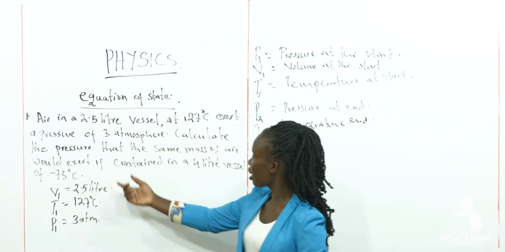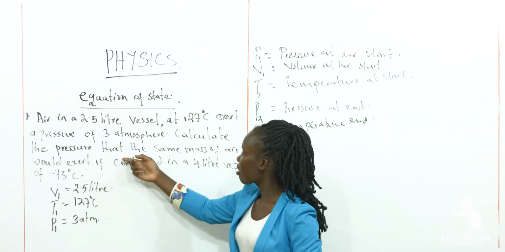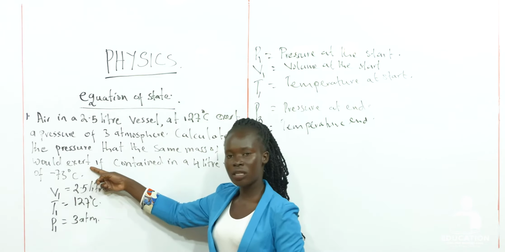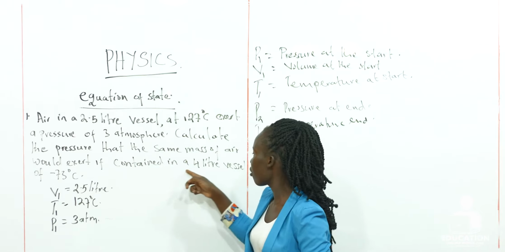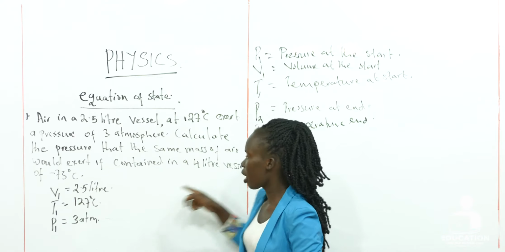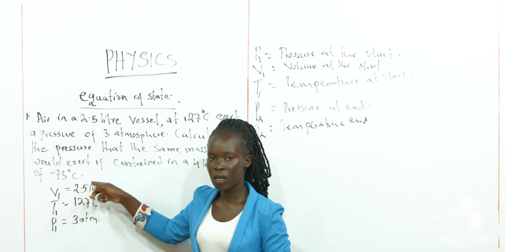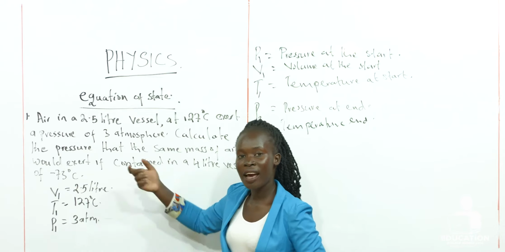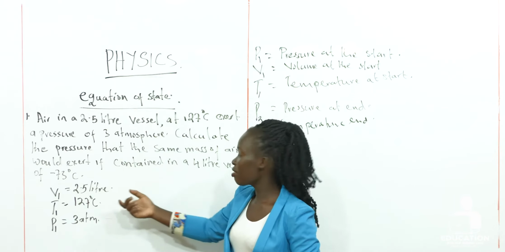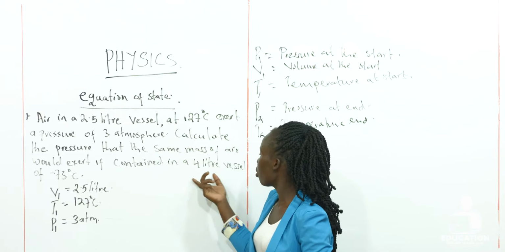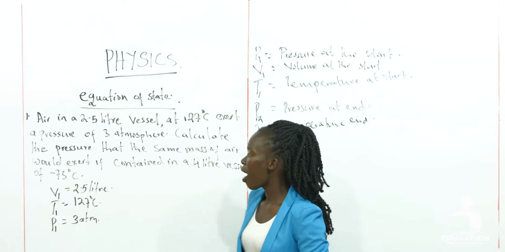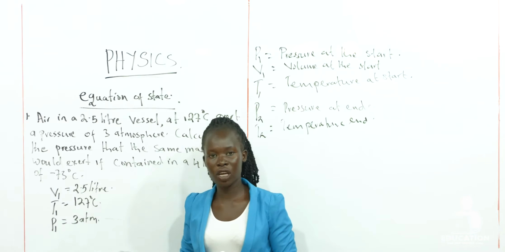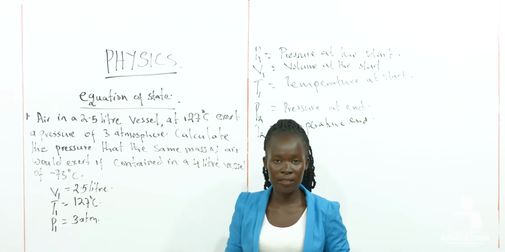So the question is telling us to find the pressure that the same mass of air would exert if contained in a 4-liter vessel at this temperature. So now, if this air of the same mass is put in a 4-liter vessel at a temperature of negative 73 degrees Celsius, what will be the pressure that this air will exert?